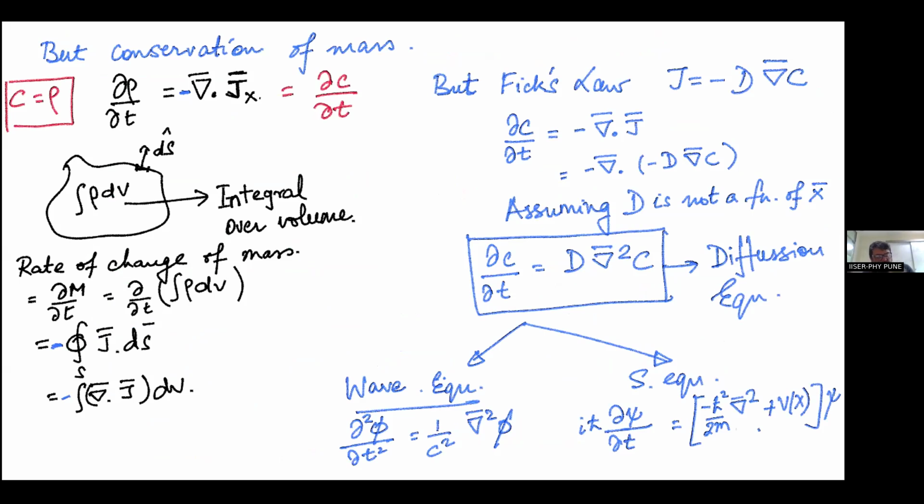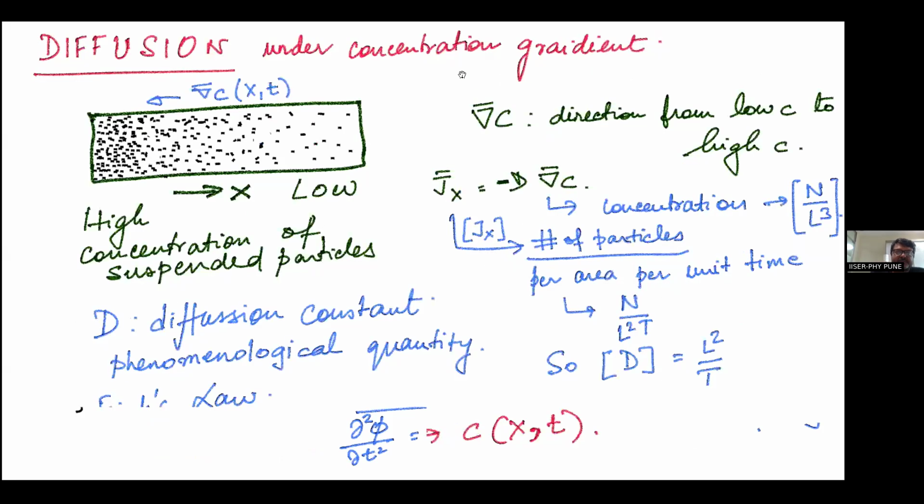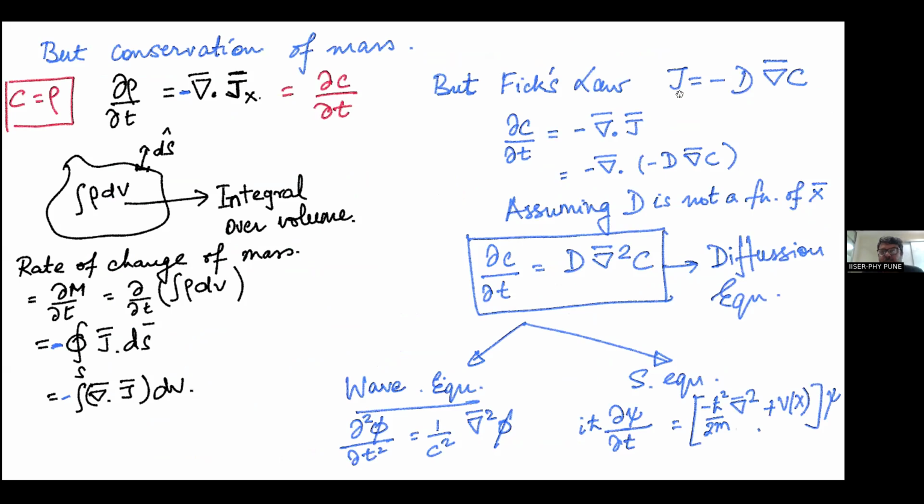Particles flowing out through a surface. Here, the surface might be somewhere like this. So, Fick's law, there should be a vector sign here, J equal to minus D grad C. Now, if you substitute this J equal to minus D grad C here, right? So del C del t or del rho del t, so here rho equals C.